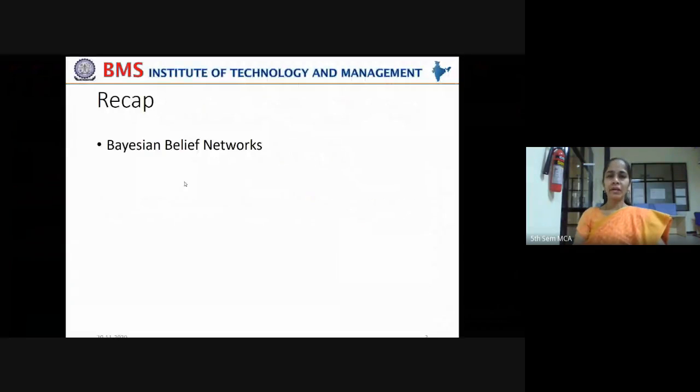Okay, in the last class, we have seen what Bayesian belief networks are. When some conditional dependencies can be implied on some subsets of variables, and some variables are assumed to be conditionally independent, in that case, can we draw the descendants or the successors from the parents that are known?